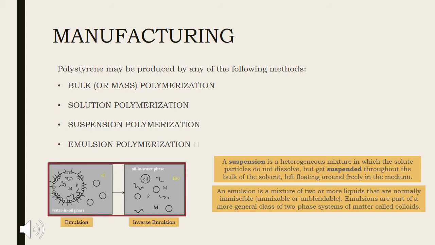The suspension process is also common, especially in the production of expandable beads. Use of the emulsion process for producing styrene has decreased significantly since the mid 1940s.